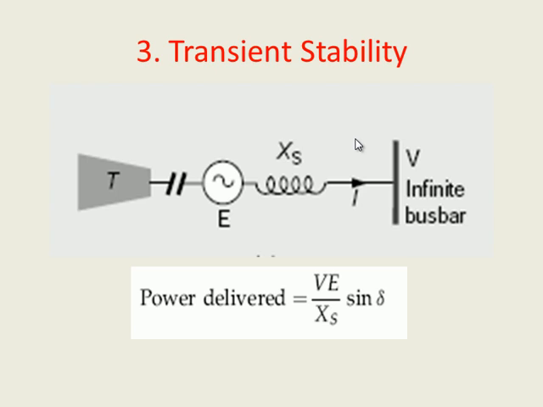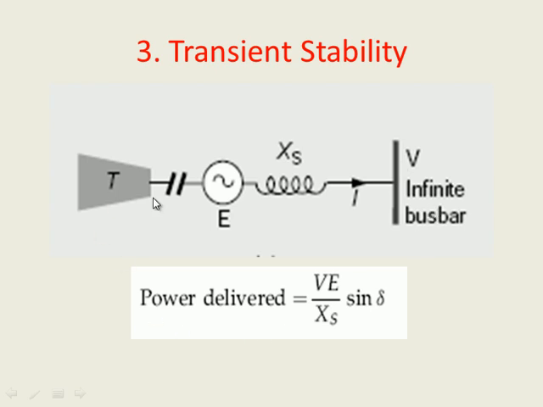Now, as the voltage decreases, the power delivered to the system decreases. Suppose this is your generation side, this is a turbine, this is your alternator, and this is your transmission line. The resistance has been neglected, and this is your load side, which we generally call the infinite bus.